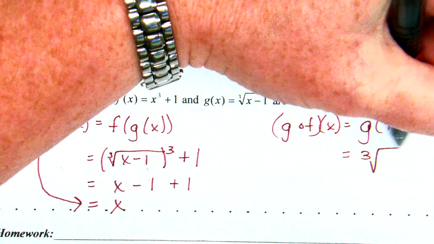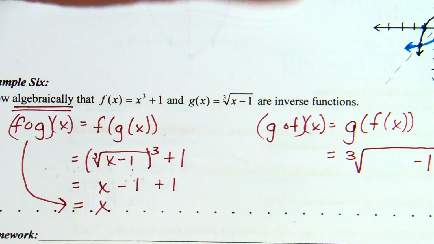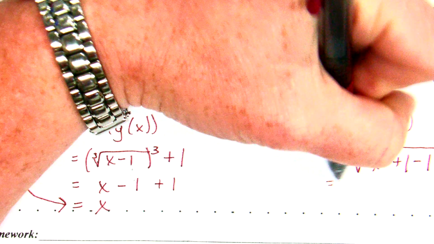So it's the cube root of something minus 1. So it's the cube root of x cubed plus 1 minus 1. Clean up under the radical. x cubed plus 1 minus 1 is x cubed. What's the cube root of x cubed? x. Hey, guess what? We just showed that g and f are inverses.